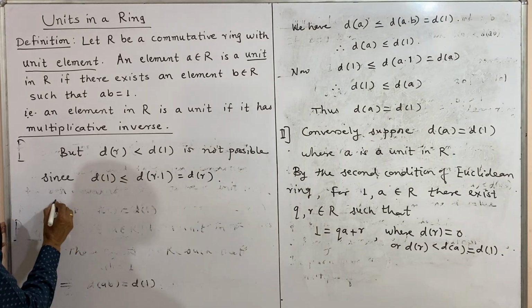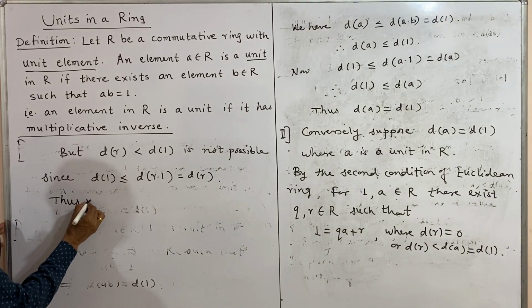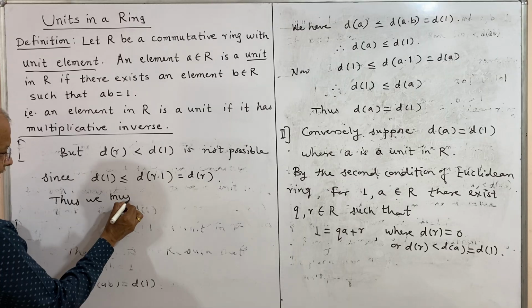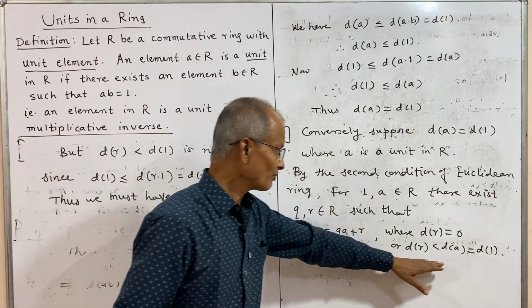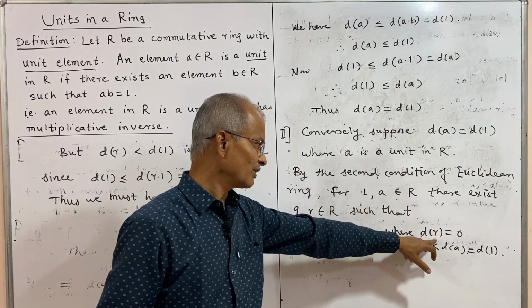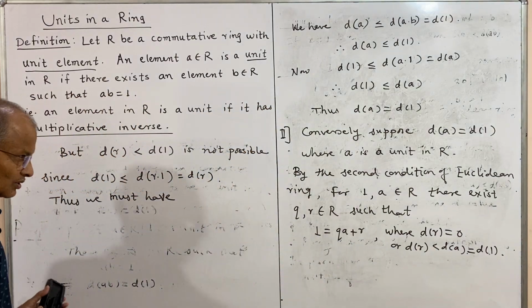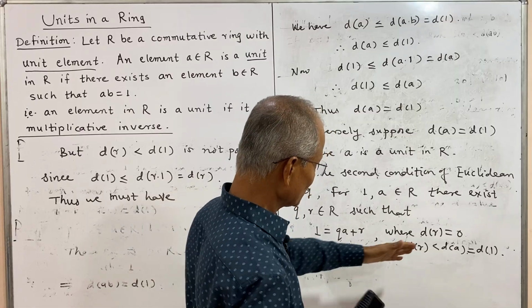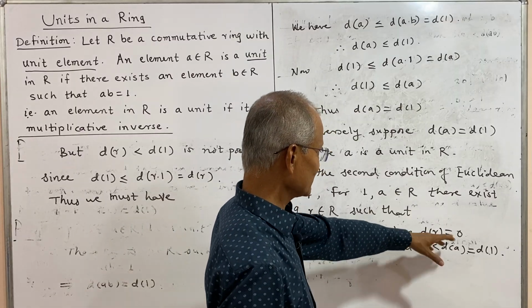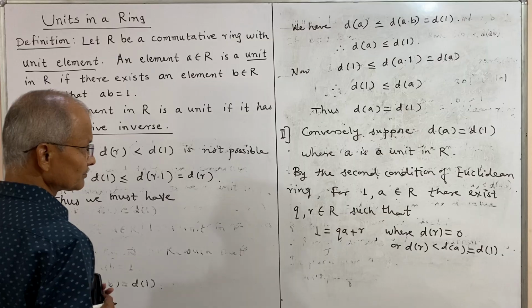So we must have d of R equal to 0, that is R is equal to 0.